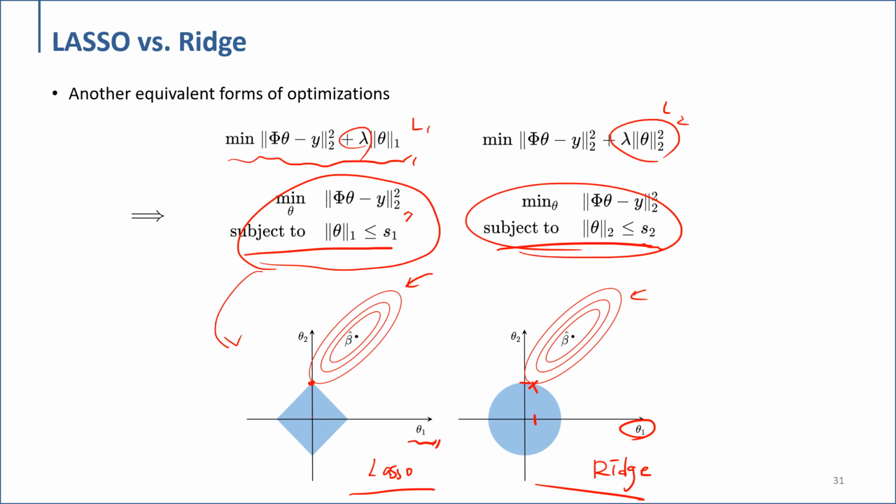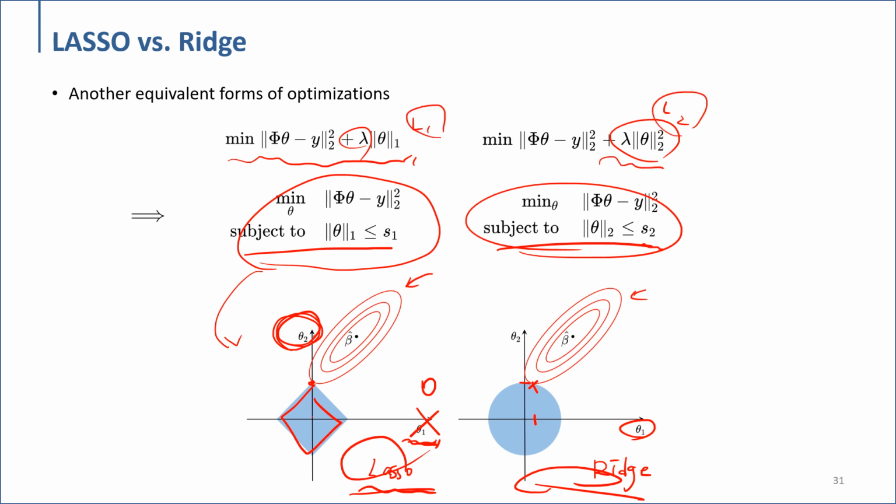That means we selectively choose theta 2 as the only value. So that's why we have 0 for theta 1, and because of that, we have selective features only for the lasso problem. That's the only difference between lasso and ridge, using the L1 norm or L2 norm for measuring the magnitude of the theta value.